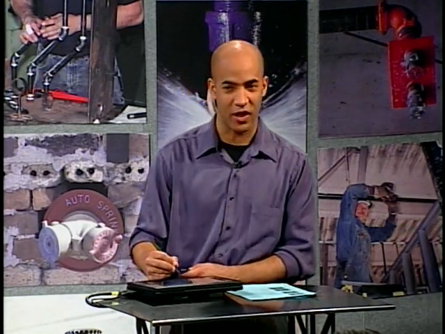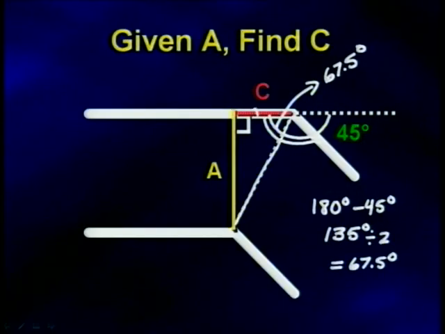Good. I also know that all the angles in a triangle add up to 180. This one's 90 degrees because it's a right angle. And we still want to find this angle here. So there's 180 degrees total in the triangle. And to find out what we have left for this angle, we're going to subtract the 90 and subtract the 67.5.